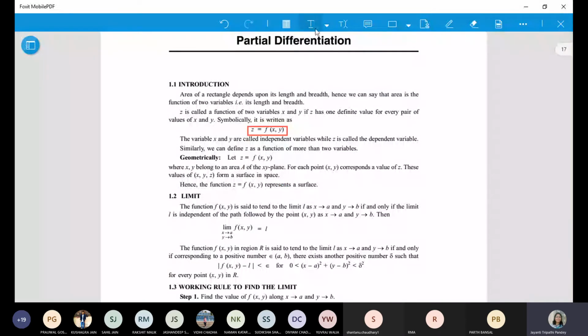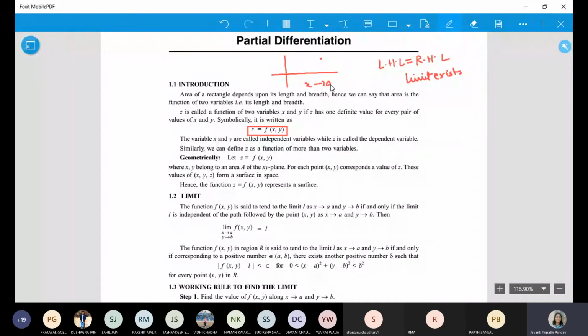Okay, in that case what you were doing, you were trying to find the limit, and if left hand limit was equal to right hand limit, then you were saying that limit exists. Yes or no? Yes, ma'am.